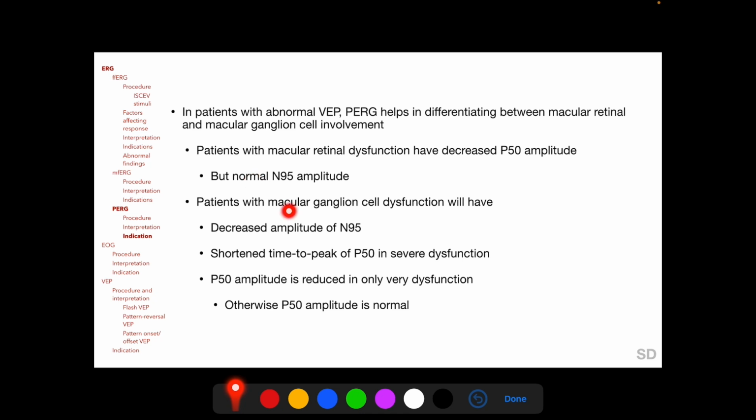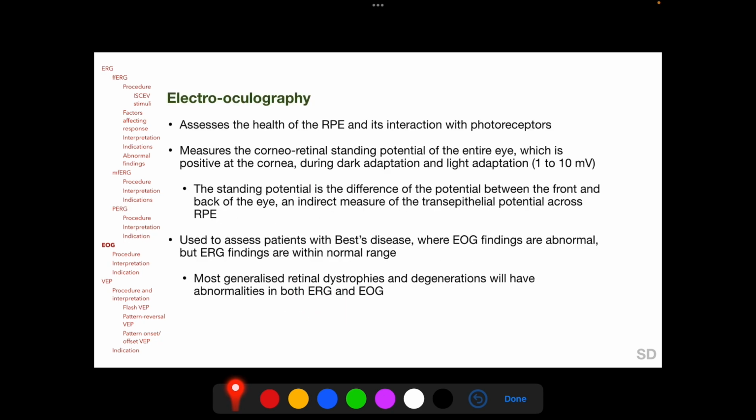And in patients with macular ganglion cell dysfunction, the amplitude of the N95 deflection will be decreased, and in severe dysfunction of macular ganglion cells, the time to peak of the P50 deflection will also be shortened. And only in very severe dysfunction of the macular ganglion cells will the P50 amplitude be decreased, but otherwise the P50 amplitude remains normal in macular ganglion cell dysfunction.